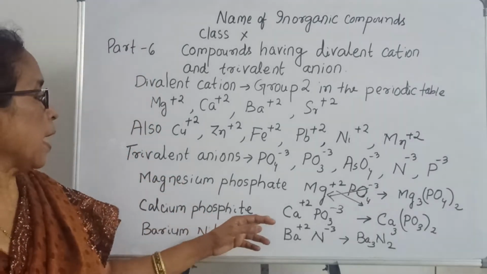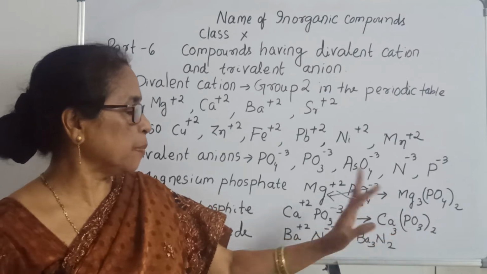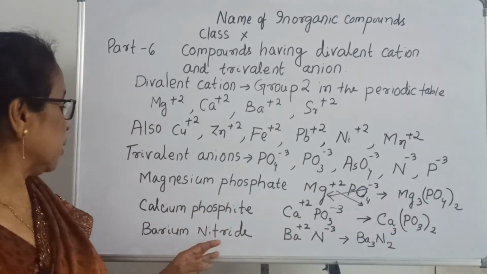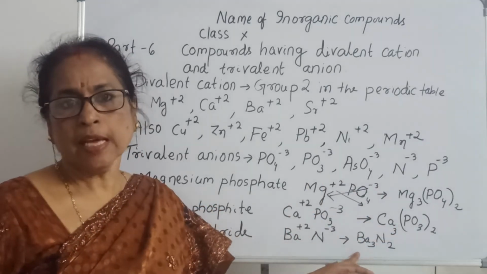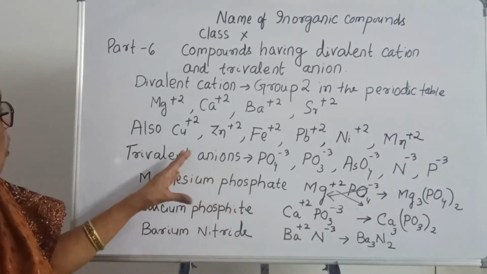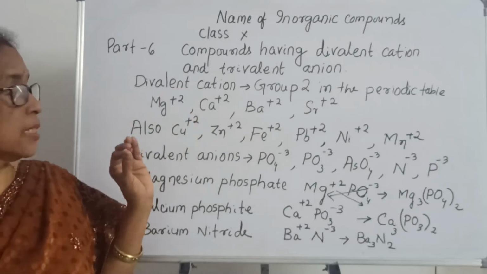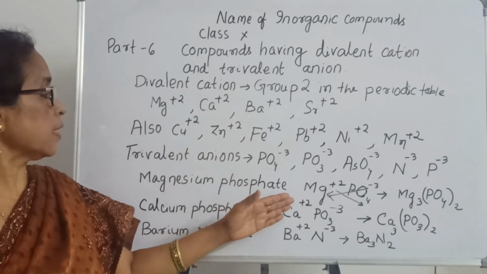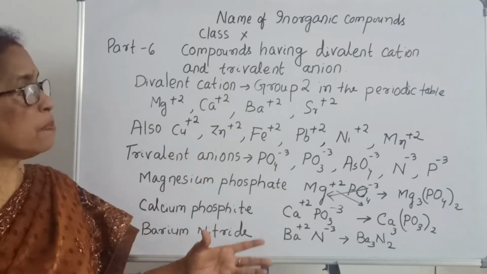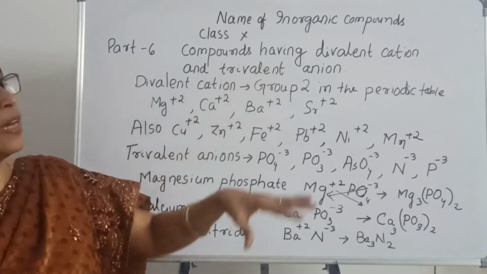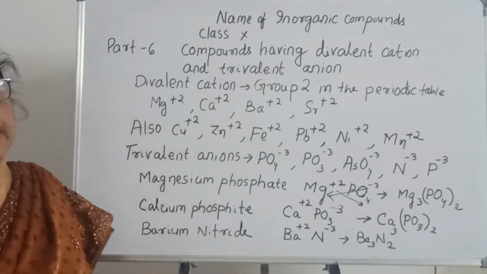Calcium phosphite is Ca3(PO3)2. Similarly, barium nitride is Ba3N2. Again, we will proceed to other examples of strontium, copper to manganese, and how they form different compounds having a divalent cation and a trivalent anion.